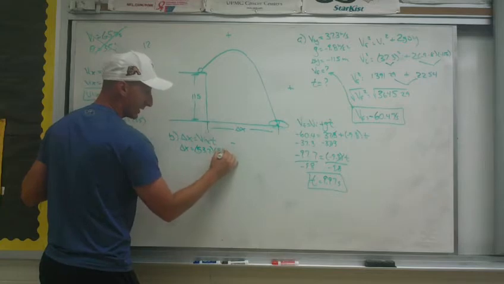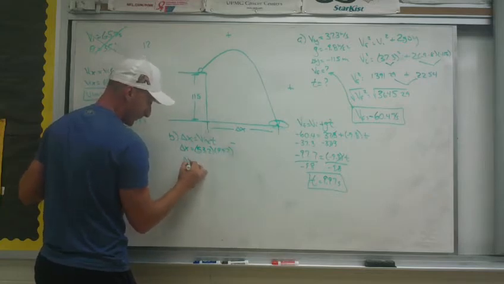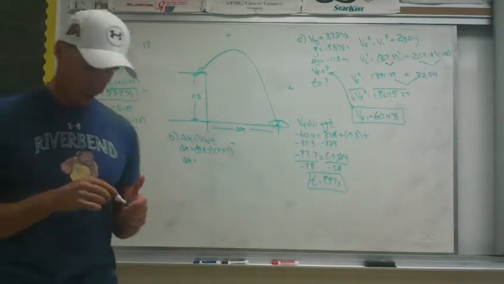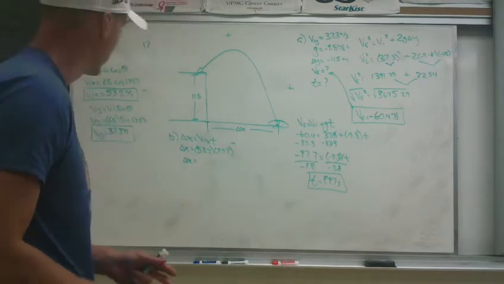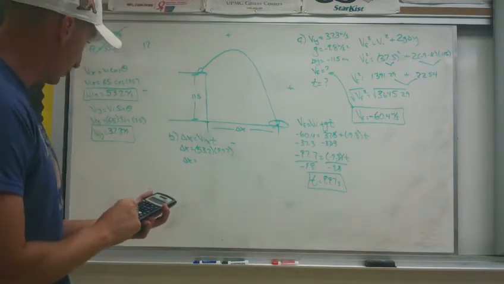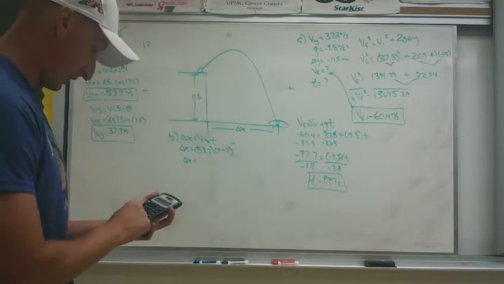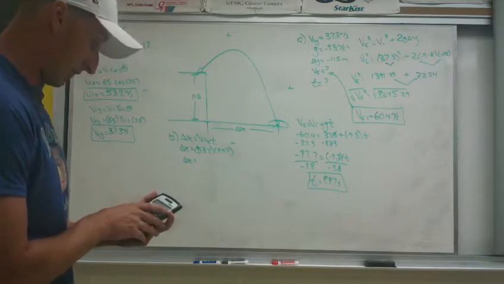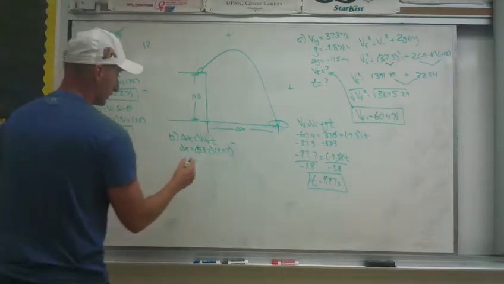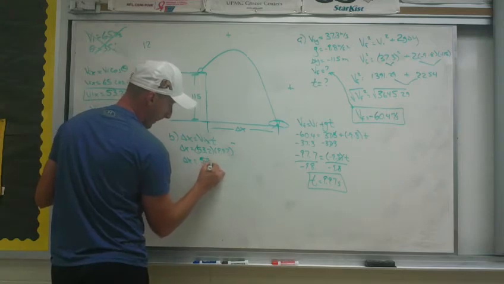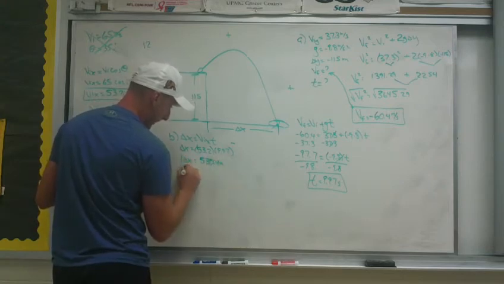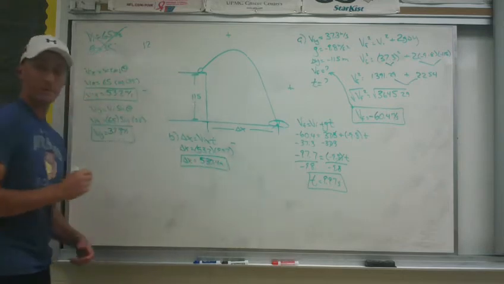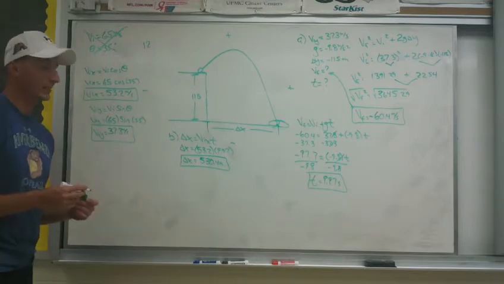Time is 9.97. Go ahead and solve here. 53.2 times 9.97 gives me 530.4 meters. Okay, 530.4 meters. Delta x is always easy.